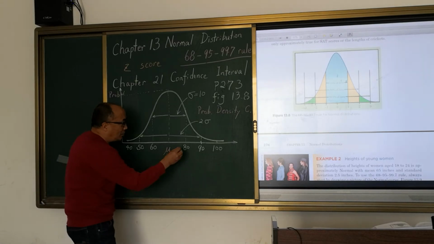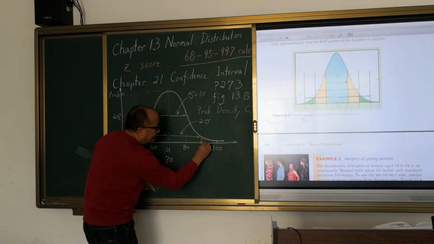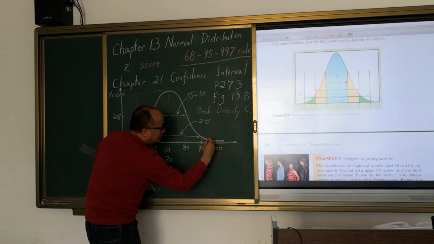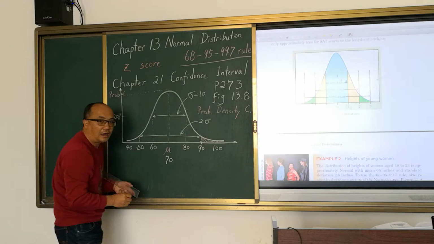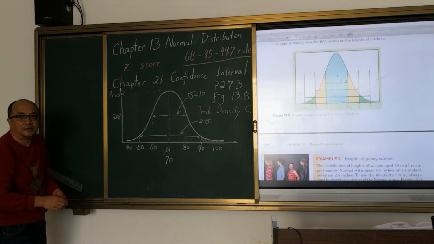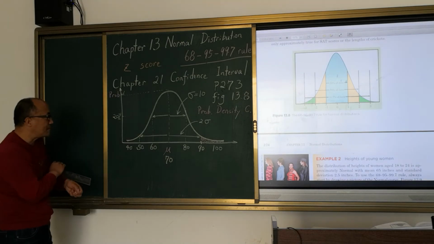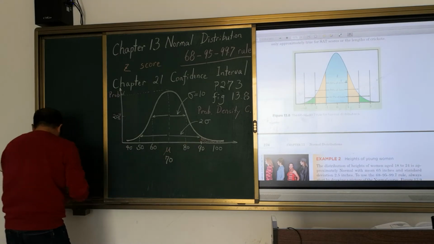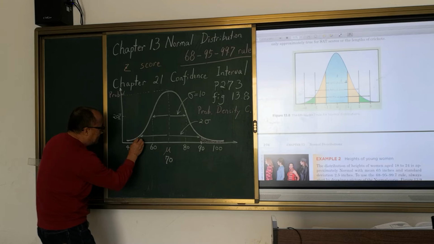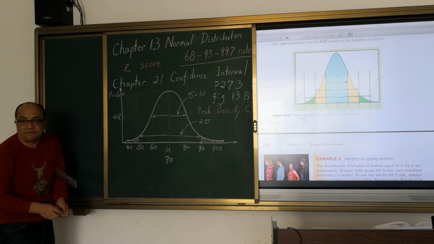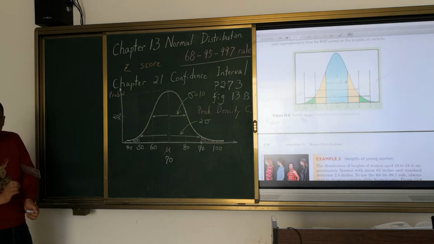Which means what's the area from here to infinity? It's 2.5%. Why? Because this area plus this area is 5%.